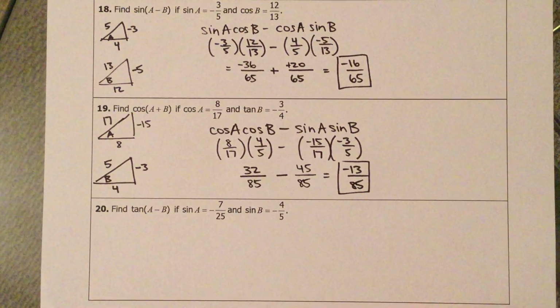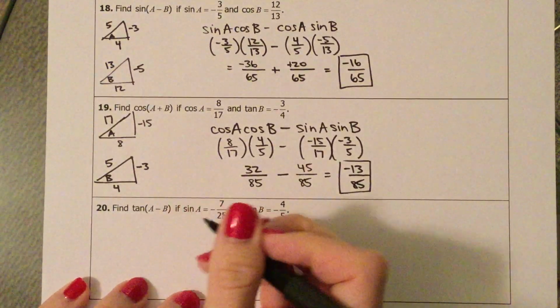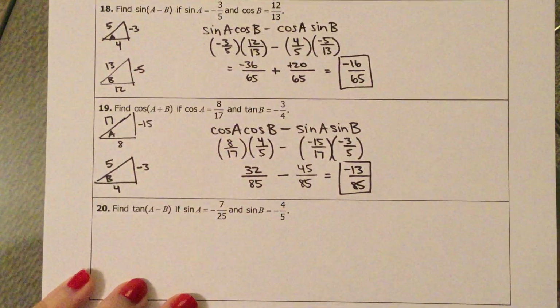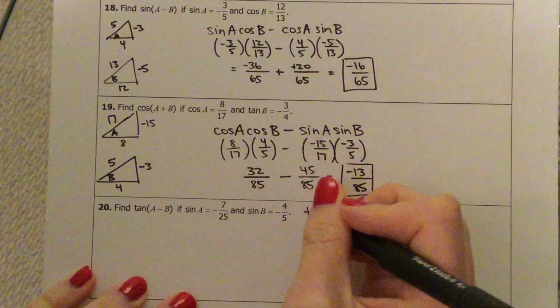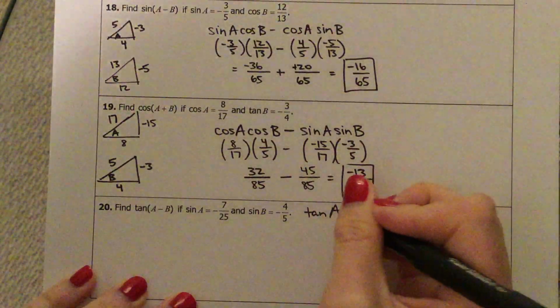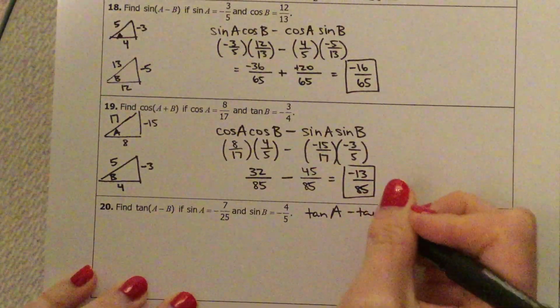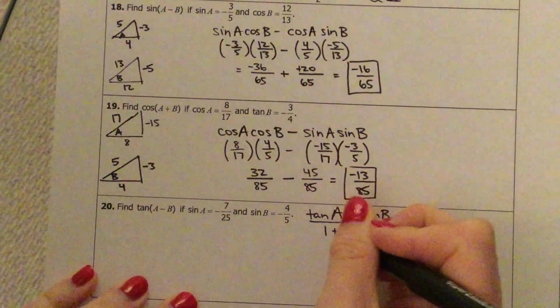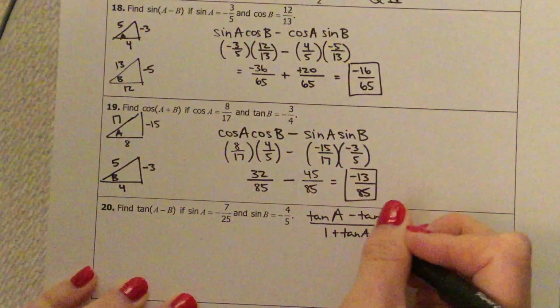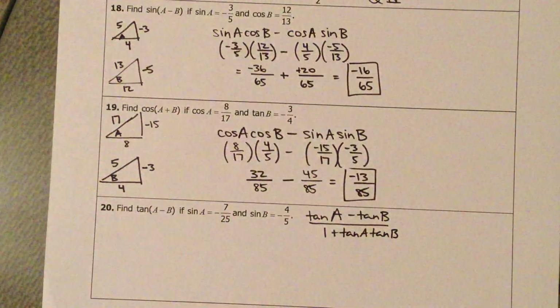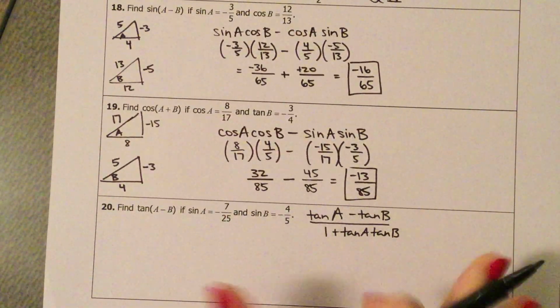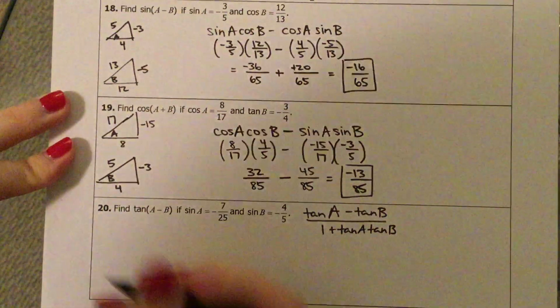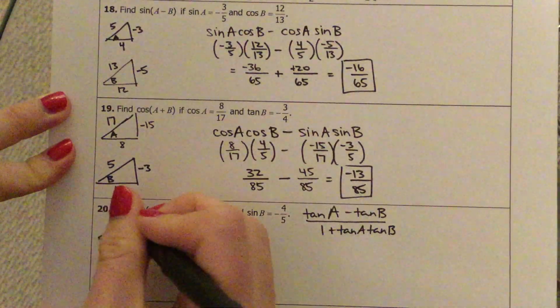All right, and then one more, very similar setup here. So this time we need the tangent of both of those terms, right? So let's write down the formula. We need tangent of A minus tangent of B over 1 plus tangent A tangent B. Okay, so we need tangent of A and tangent of B. We're not given either one of those, but just like these ones, we can make a triangle and find it.